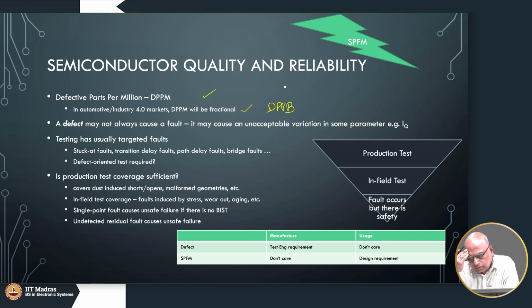And another thing you have to remember is the defect may not always cause a fault. It may get masked. See, for example, suppose there is a stuck at 0 fault here because of some defect. And in our usage mode, the other inputs are 0. So you see, even though this has a fault, you will never know, because we are using this with zeros.